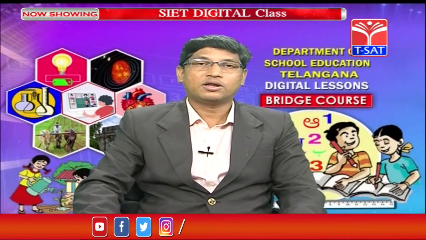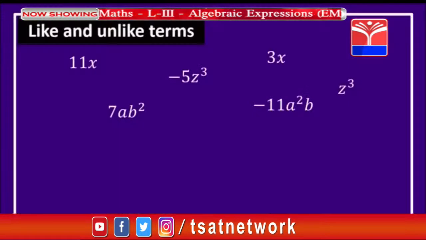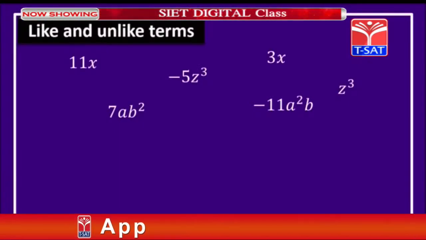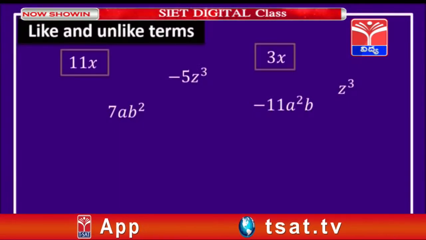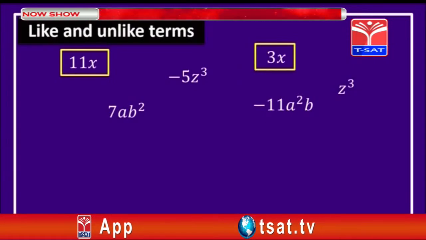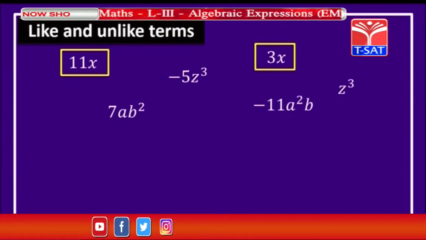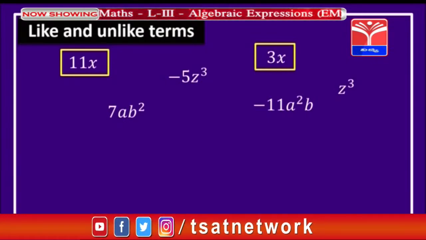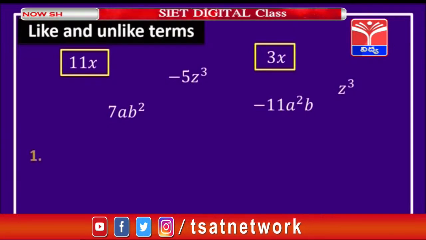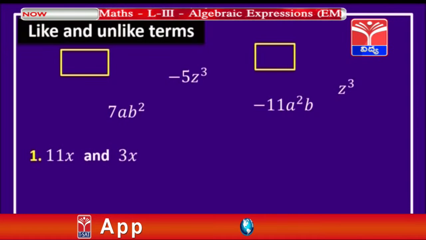Now let us see what are like and unlike terms. Let us see, children. Now consider here some algebraic expressions as shown. Now if you see these two algebraic expressions, do you see anything common in these, children? Yes. Both, that is 11x and 3x, have the same variable x. So I'll write it as a separate thing, children, 11x and 3x.